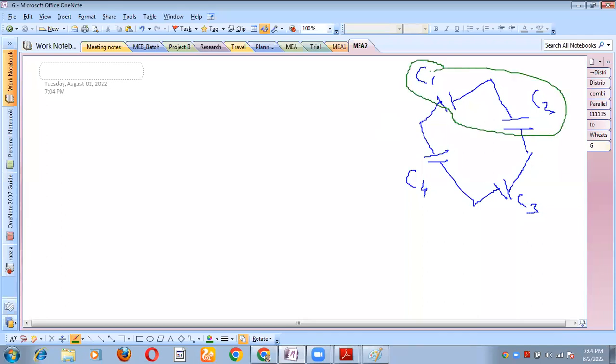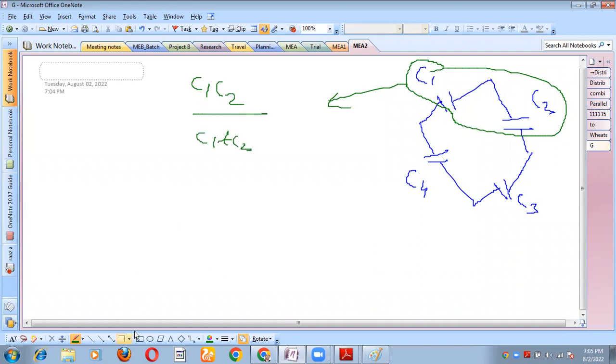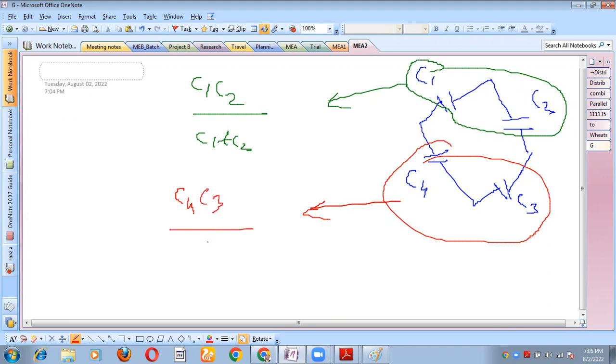These two are in series, so their capacitance will be C1C2 by C1 plus C2. Again, these capacitors are also in series, so their capacitance will be C3C4 by C3 plus C4.